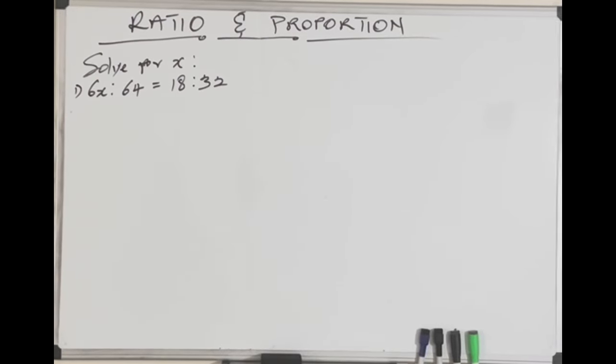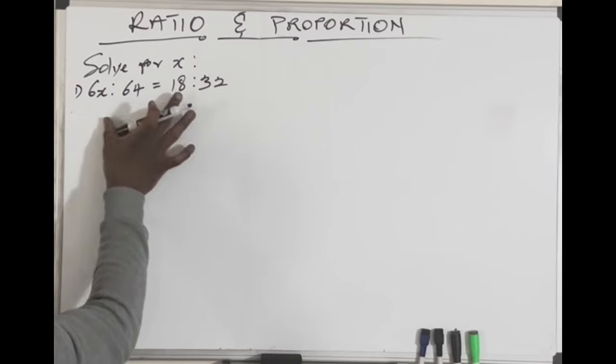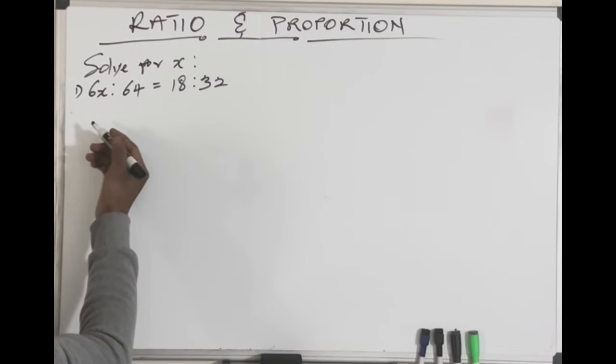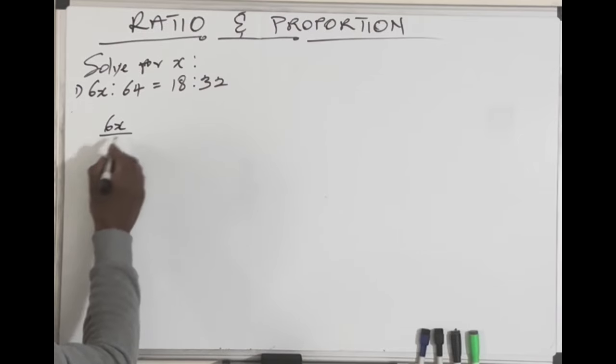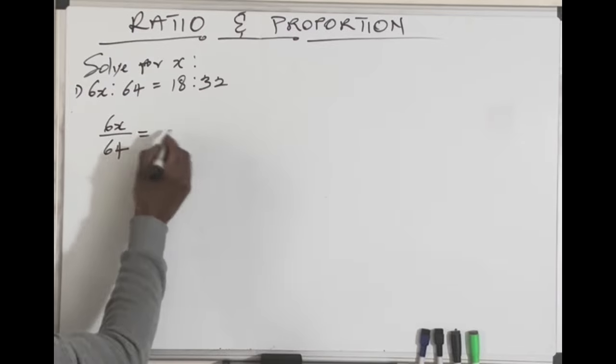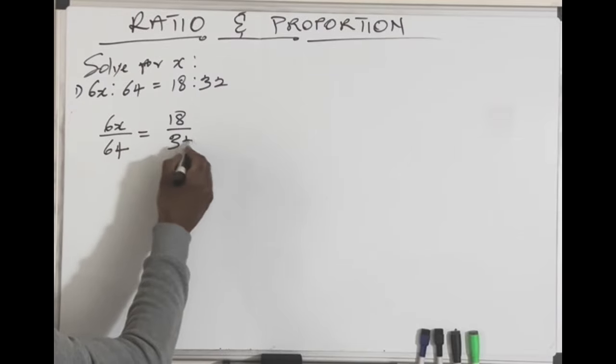There is another question: solve for x. In the question, 6x to 64 equals 18 to 32. Okay, so whenever you have these kind of questions, you can write it in this form: 6x over 64 is equal to 18 over 32.